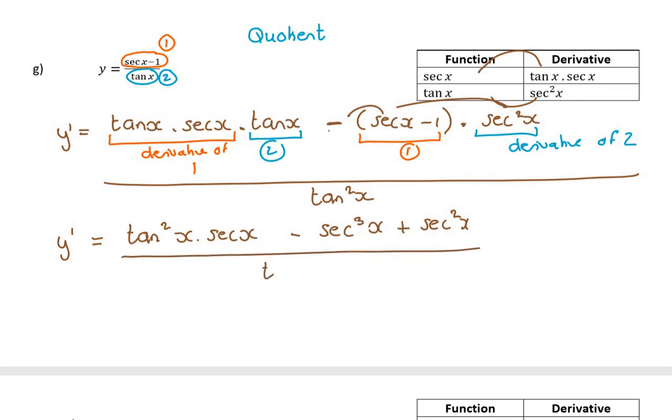Now it would be nice if you could factorize out of tan squared x and cancel, but there's nothing particularly in common. There is a sec x in common, which you could take out, but it starts to get a bit annoying. So we'll probably just leave it as it is.